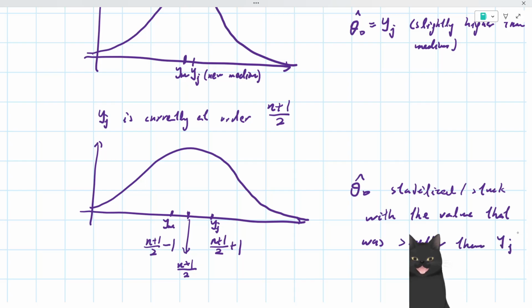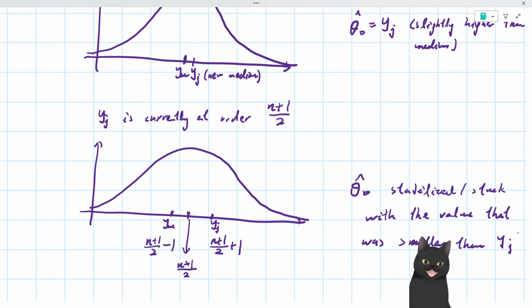And now, however much I increase yj, my median is stuck at this value that was just smaller than yj in the previous moment. And therefore, we can first detect that there is going to be change if I change yj. So option 1 is incorrect.